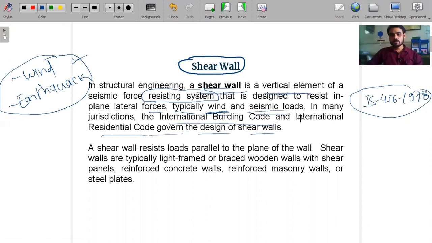So we have to use both of them for calculations of various parameters, and various other sources also.